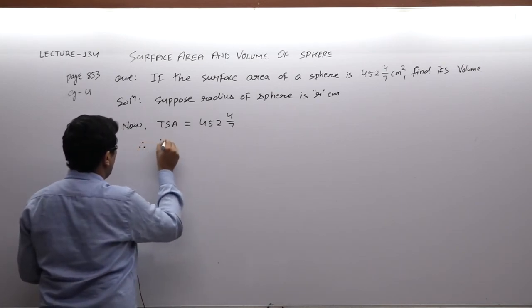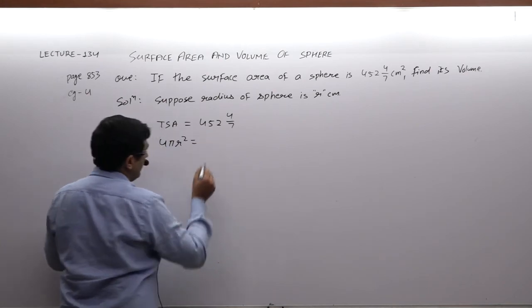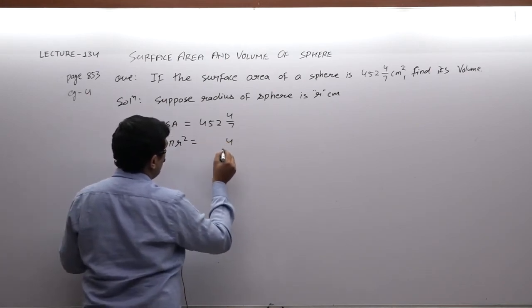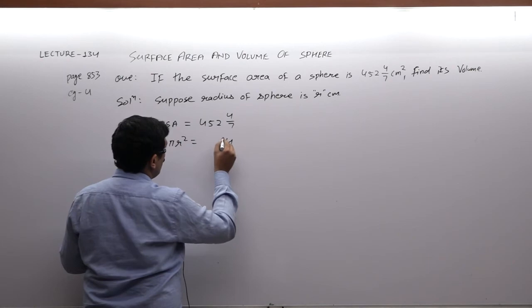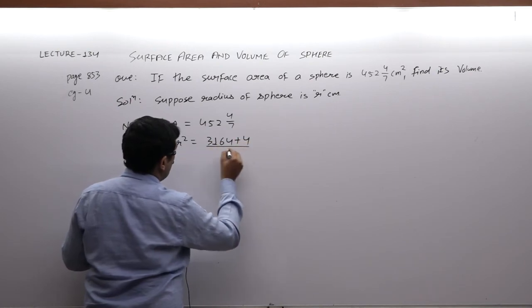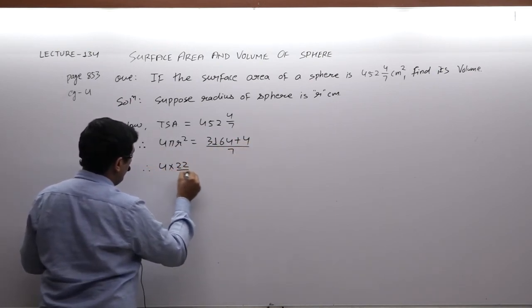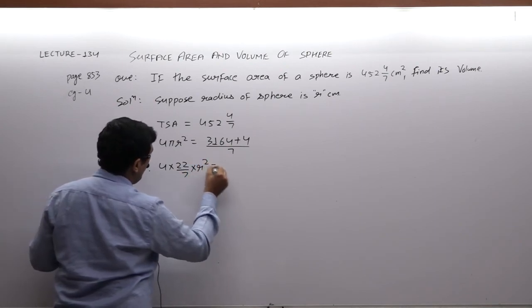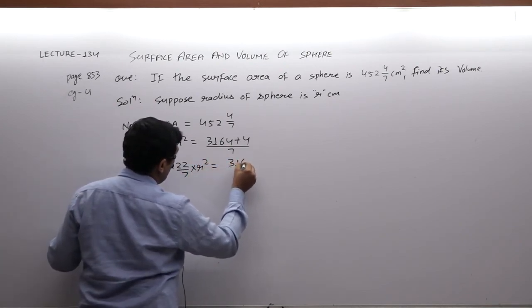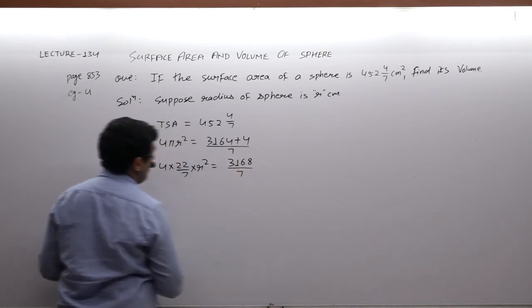Therefore, now this is 4 pi r square is equal to, that is 4 into 22 upon 7 into r square is equal to 3168 upon 7.